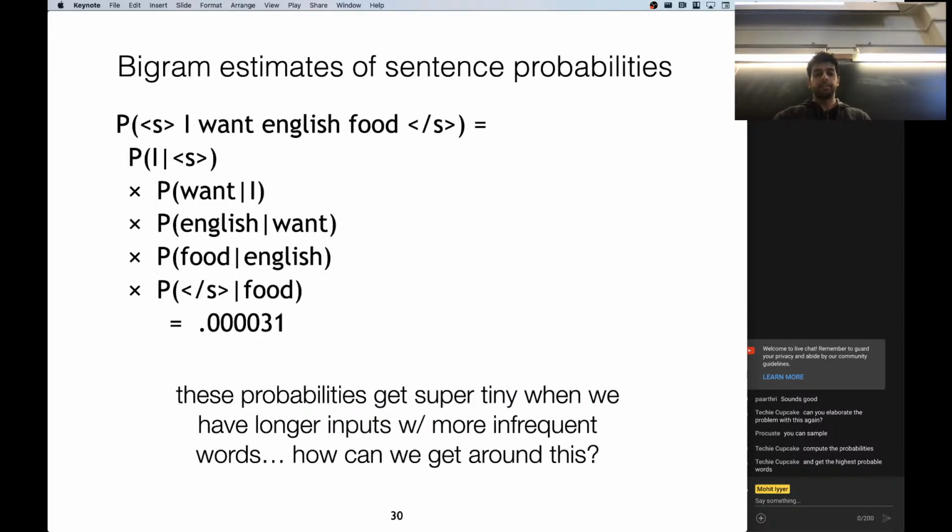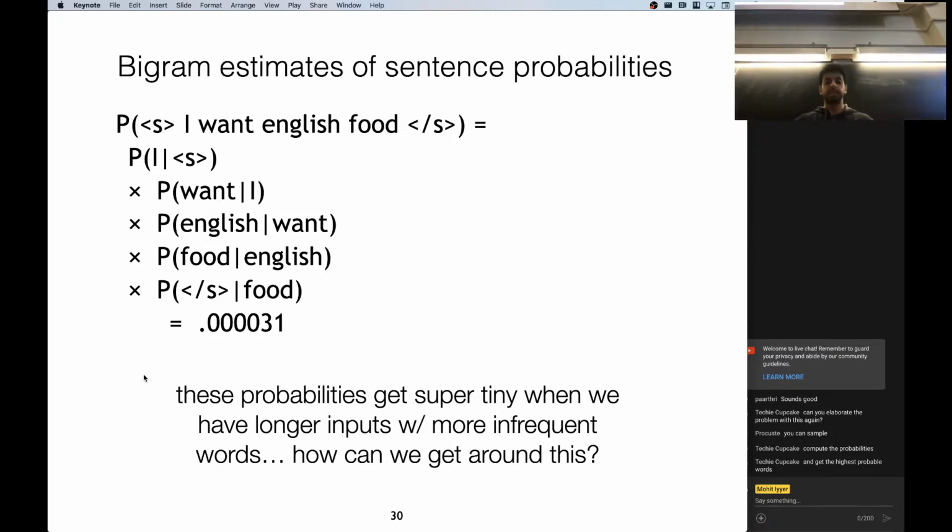Oh, I think I have these on the next page. So anyway, you can use this probability table then to compute the joint probability of an entire sentence, right? So if I want to know the probability of "I want English food", this is just a product of all these conditional probabilities, each of which can be found from this table that I obtained by simply counting and then dividing.